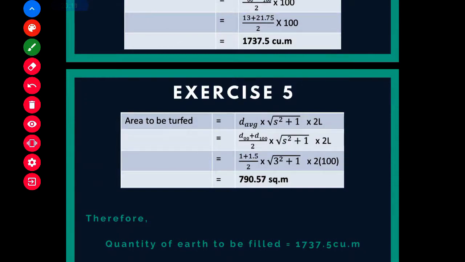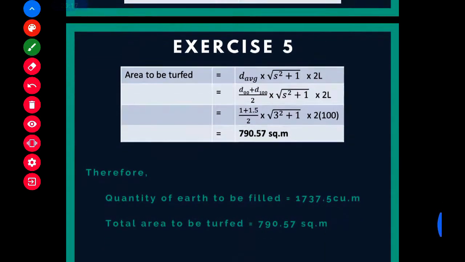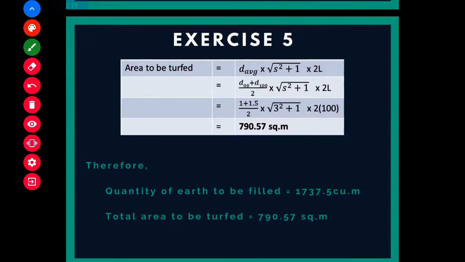Okay, so here area to be turf, the formula is D average multiplied with the square root of S squared plus 1, multiplied with 2L. So here it used 2L because we know the area at both sides will be similar, so we calculate at one time.